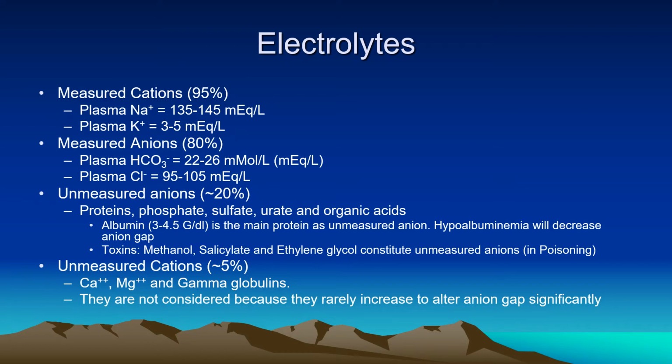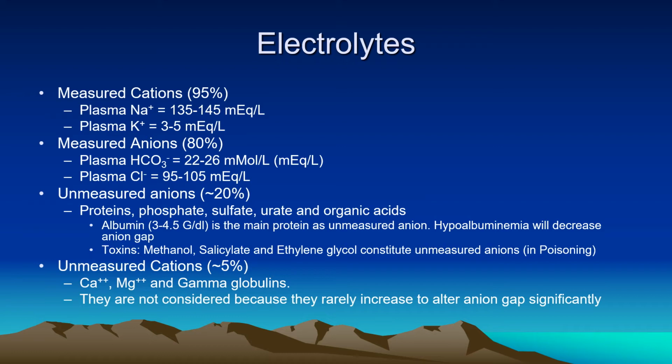Normally, plasma electrolytes are cations and anions, and there is a balance so that there is electrical neutrality. Some cations and anions are measured, others are usually not measured. The measured cations, which constitute 95%, are plasma sodium and plasma potassium.